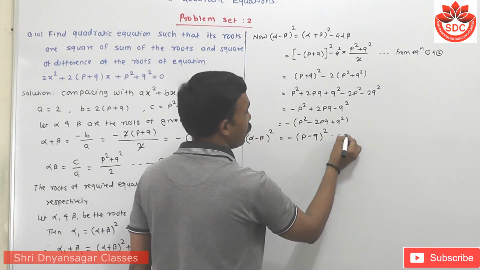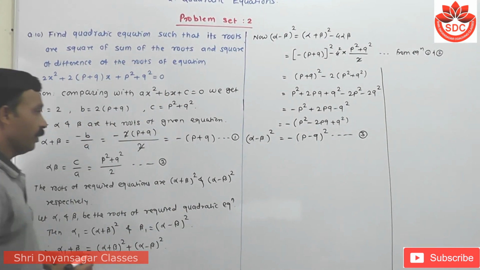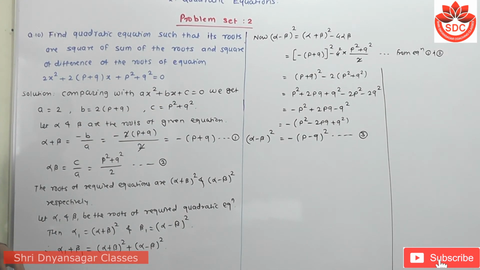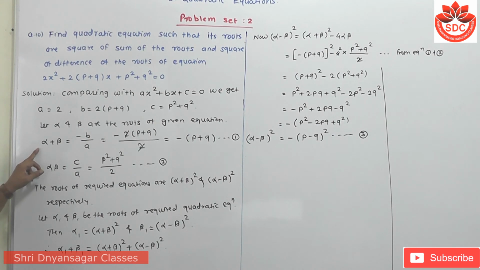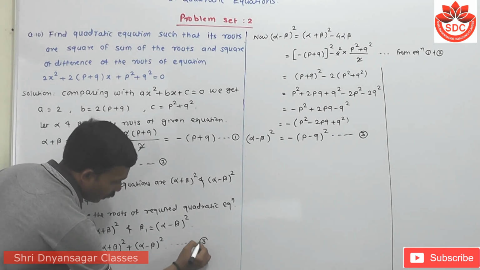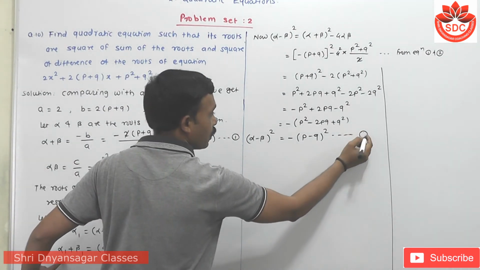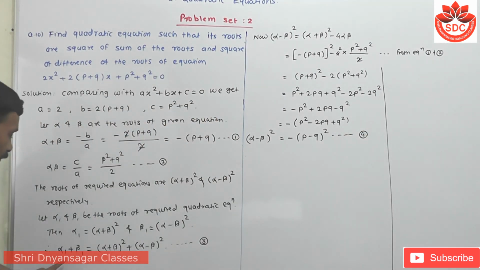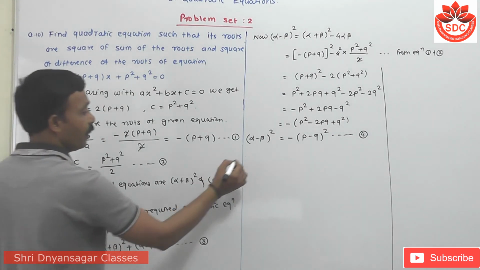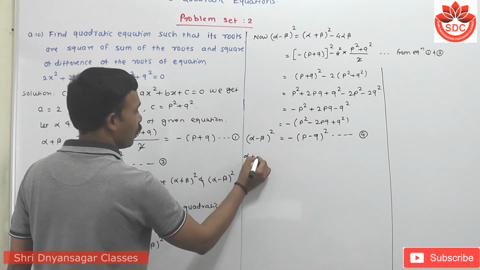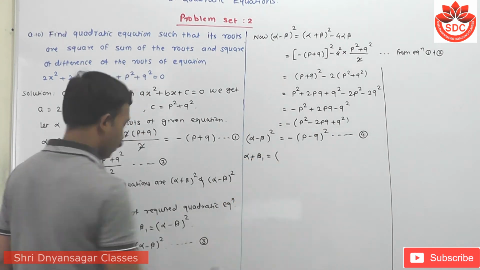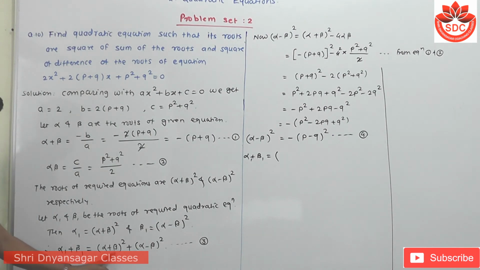Suppose that this is equation number third. Now we substitute the values of alpha plus beta bracket square and alpha minus beta bracket square into this equation. Student, let this equation be the third one and this one the fourth one. Then we substitute these values from equations third, first and fourth. Then we write alpha 1 plus beta 1 is equal to alpha plus beta bracket square.